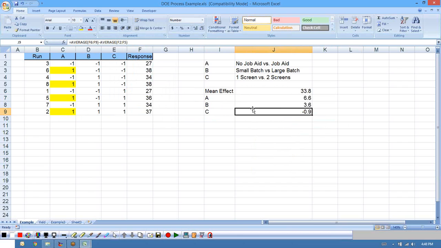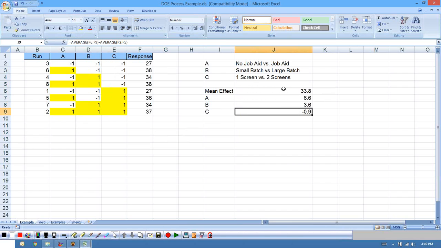All right, so now how would you say which one had the most effect? I'll put the plus ones in yellow here just to emphasize what we did. So these are the average effect, the effect of A, the effect of B, and the effect of C. Now, which ones are the most important? Well, the short answer is the ones that are the biggest.